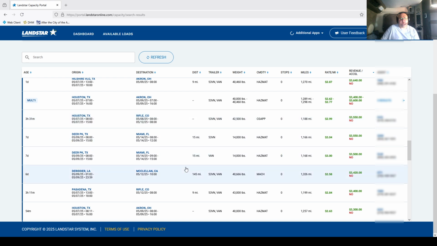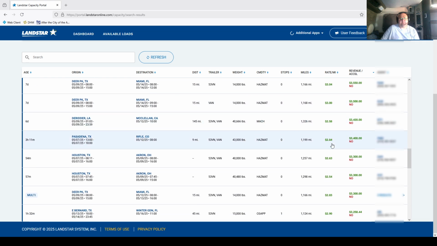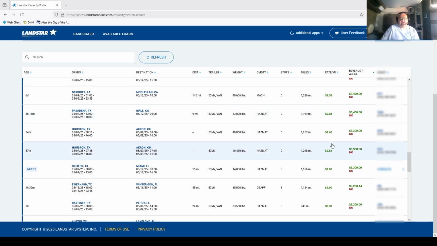Colorado, Florida, Florida. $3 a mile going to Colorado and Florida, that's really bad. You have a big deadhead on those loads.